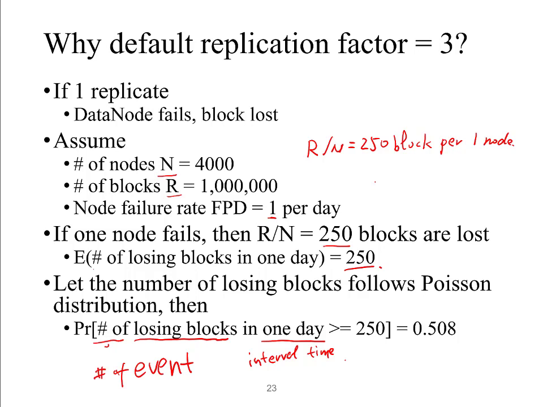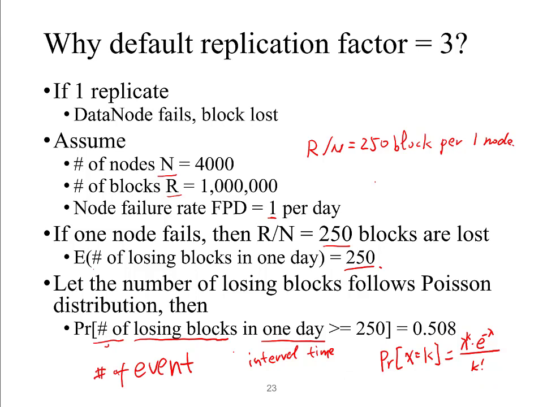and all it needs, if we look at the distribution, is the probability of x equals k, which is lambda to the power of k times e to the power of minus lambda, divided by the factorial of k.